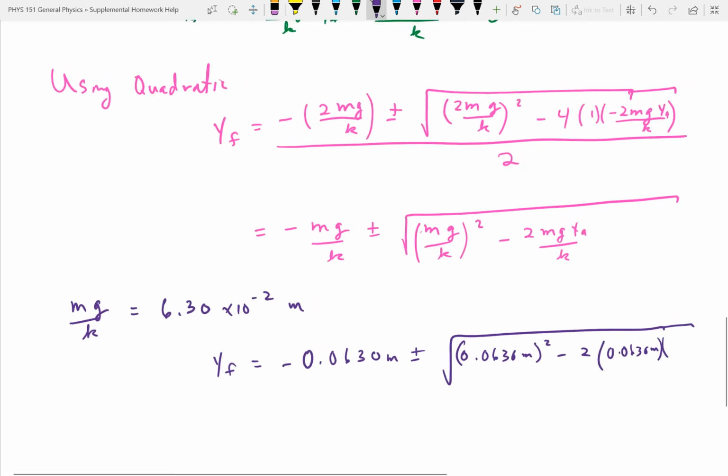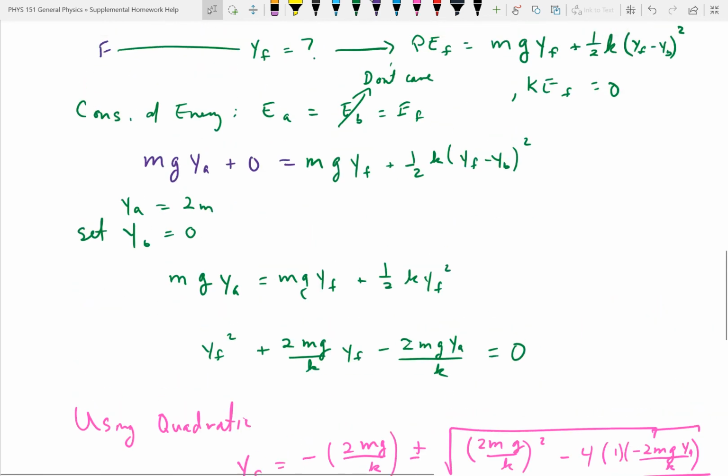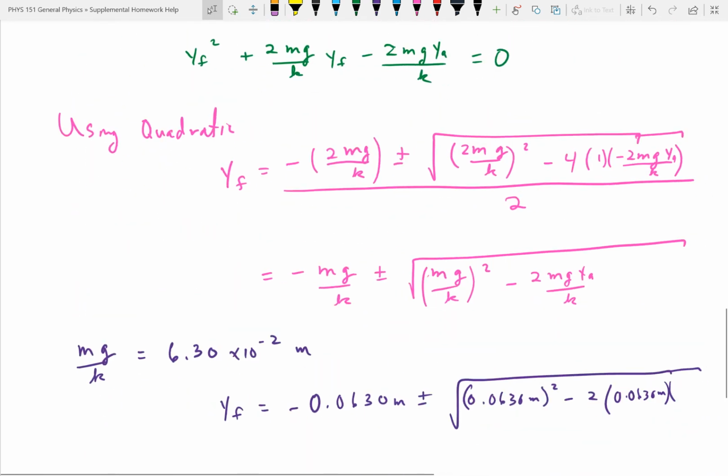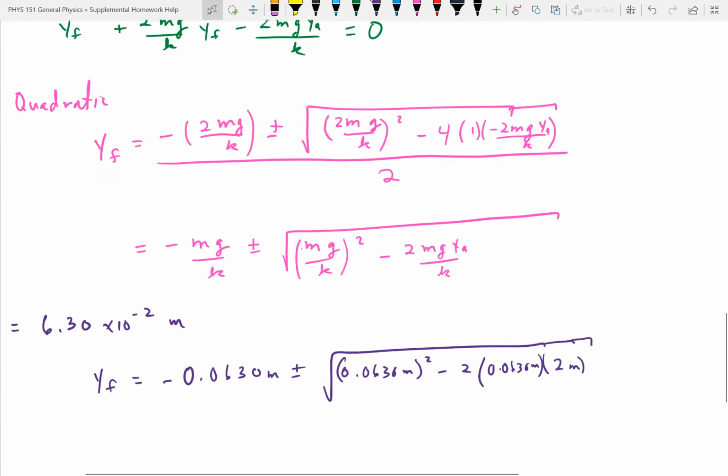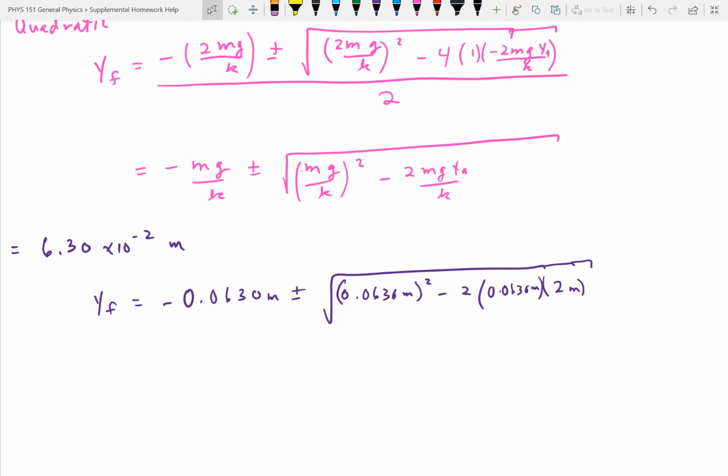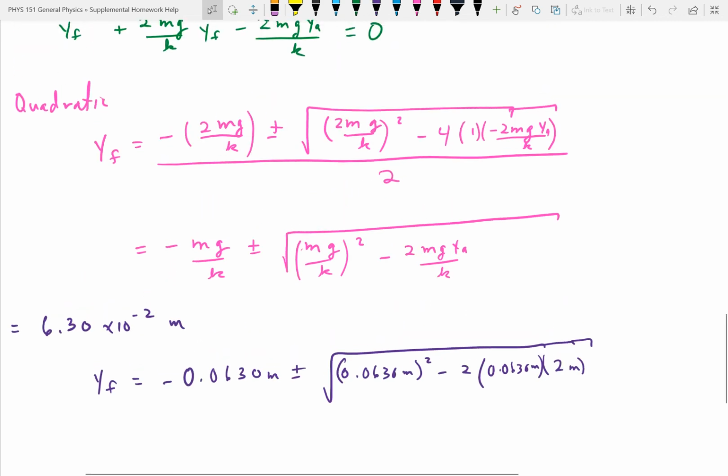And the YA, I believe we said was minus 2 meters. No, YA is 2 meters. And that's the square root of a negative value. Where do I have a sign wrong?